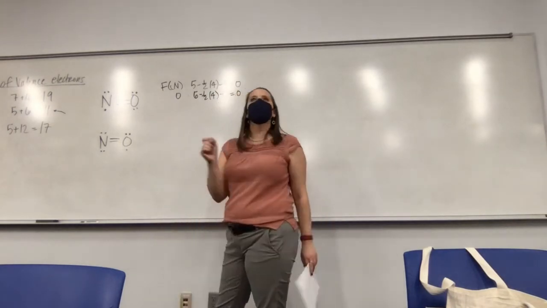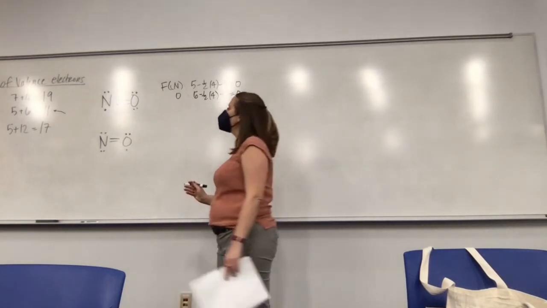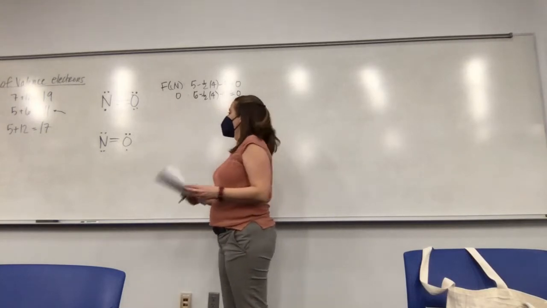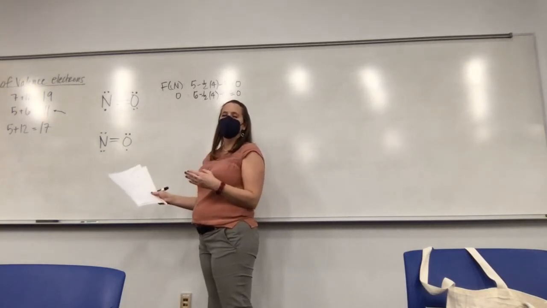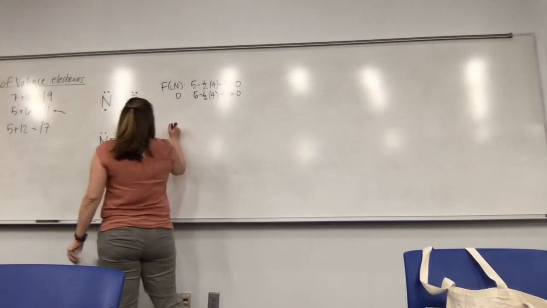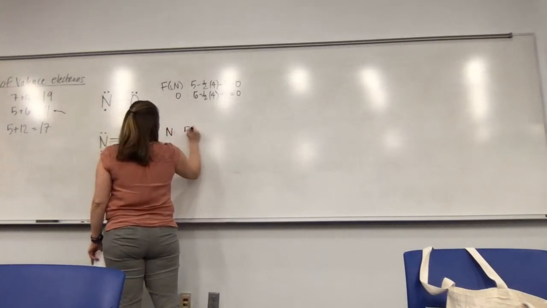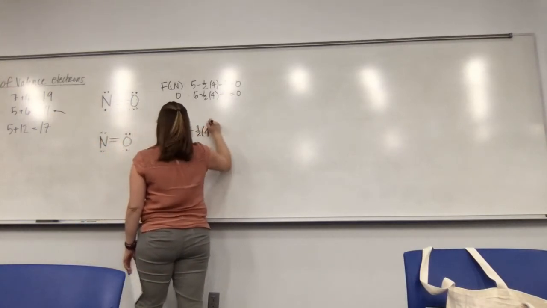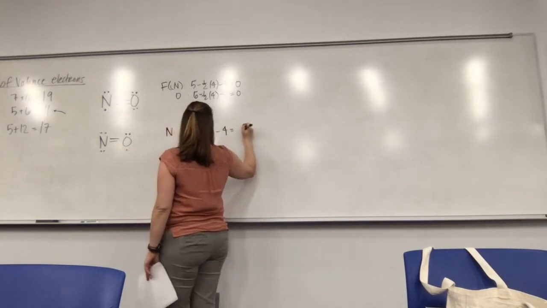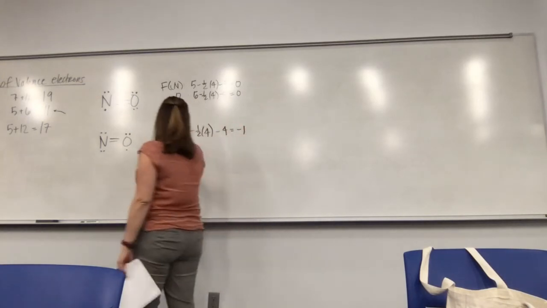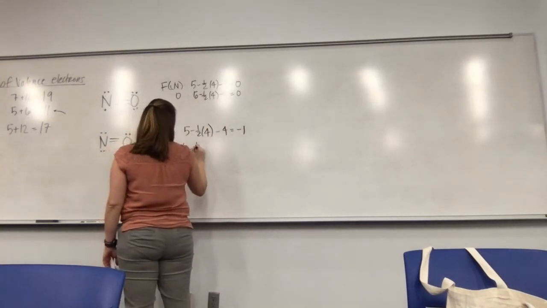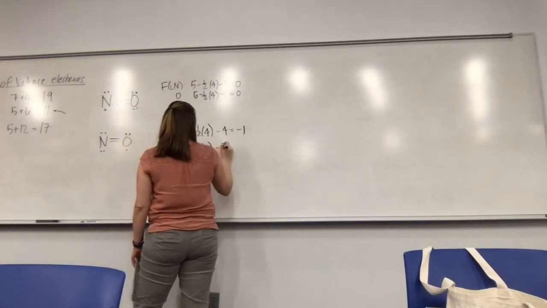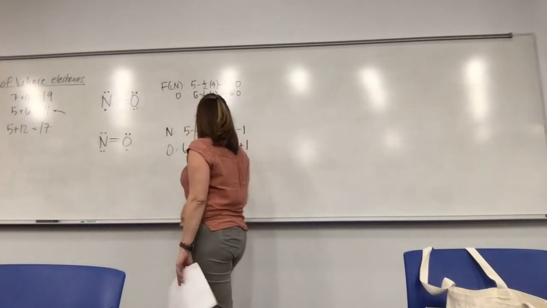That's a good sign. We know that we want to have 0. Now, it's possible that this will also be 0. I mean, not very likely. Nitrogen here is 5 minus half of 4 minus 4, which gives us -1. And oxygen is 6 minus half of 4 minus 3, which gives us +1.